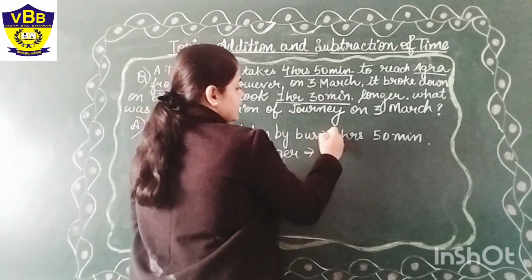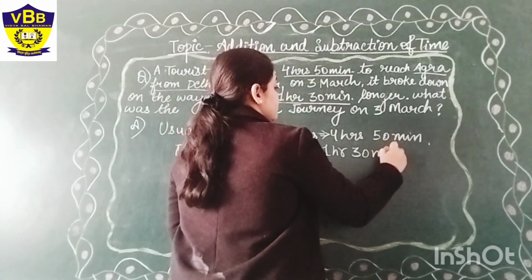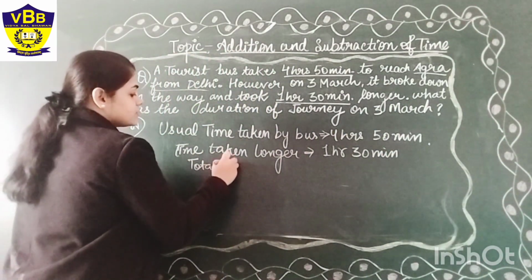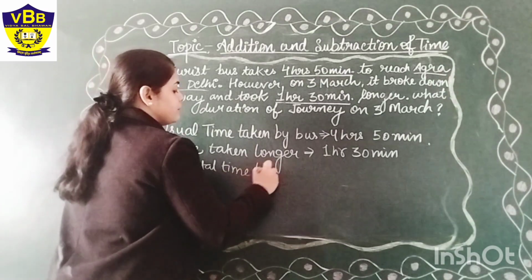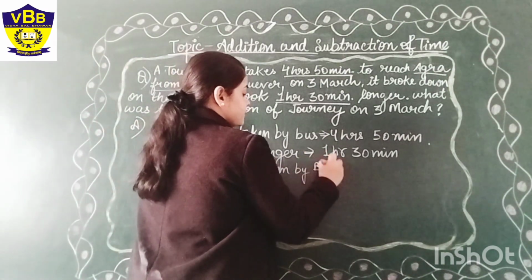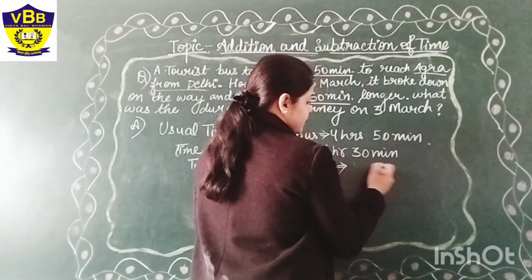What was the time taken longer on that day? 1 hour and 30 minutes. So we have to find the total time taken by bus. How to find the total time taken by bus? It will be the addition of both.